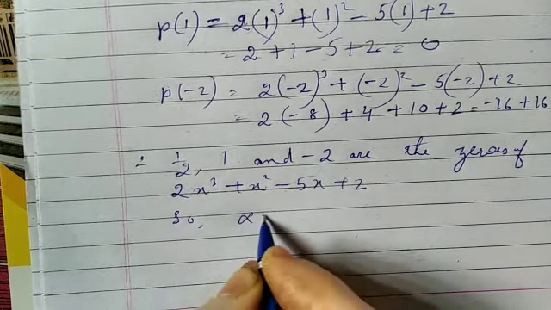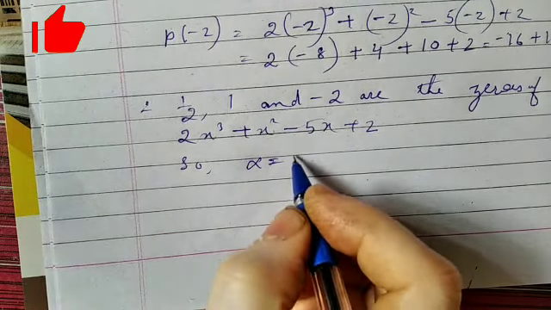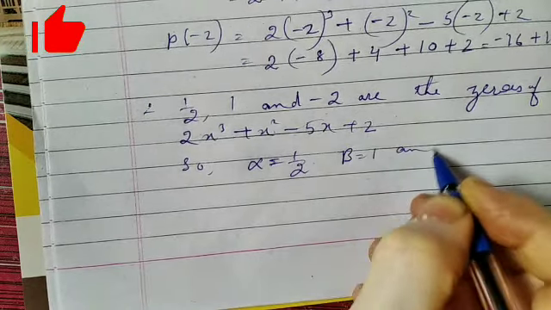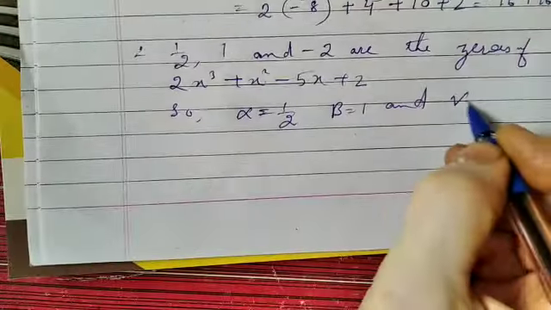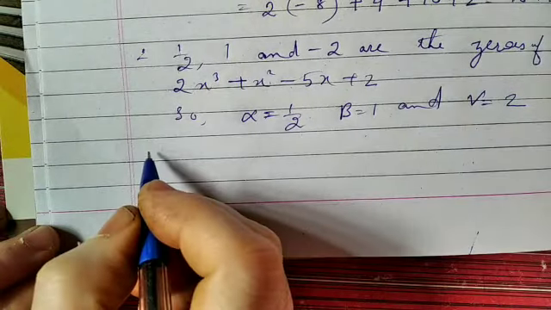So alpha is equal to 1 by 2, beta is equal to 1 and gamma is equal to -2. Therefore we can find the sum.